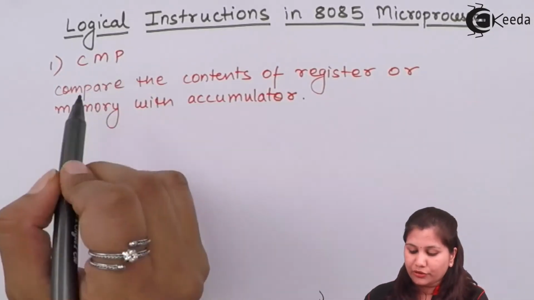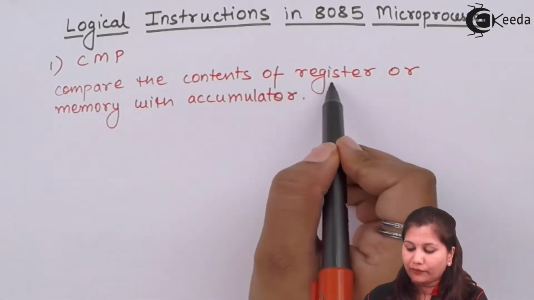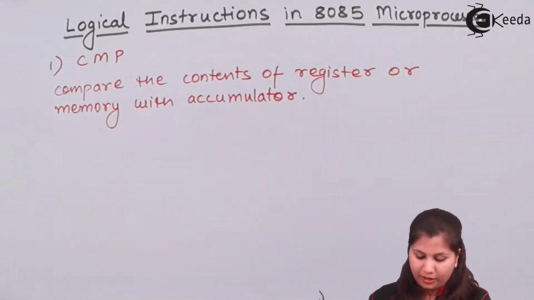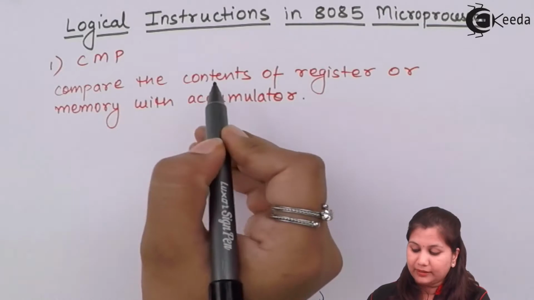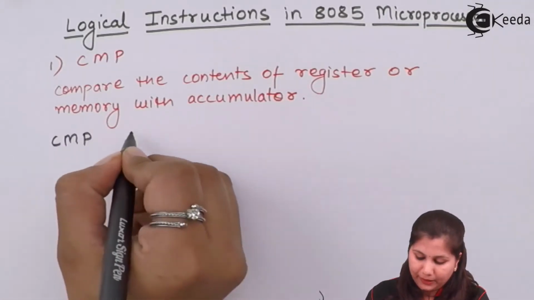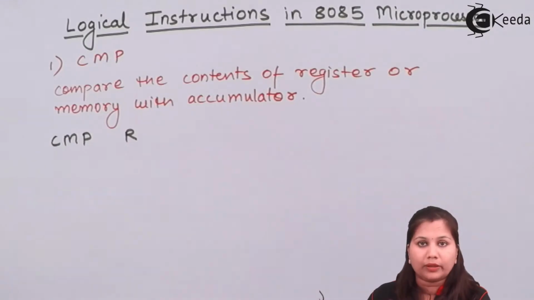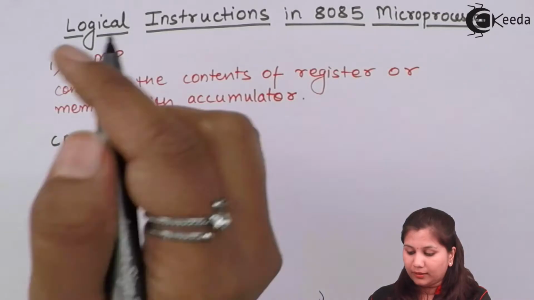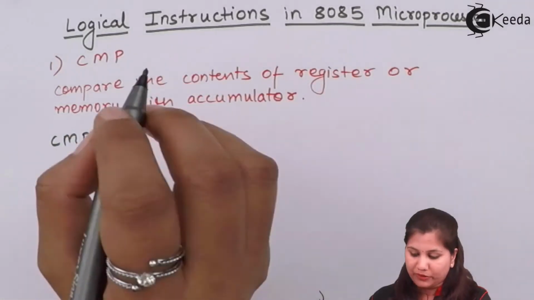So this instruction compares the contents of the register or the memory with the accumulator. Suppose we are comparing the contents of the register, so we will write CMP R. It can be any of the registers like the A register, accumulator, B, C, D, E, H, L, any of the registers of the 8085 microprocessor.